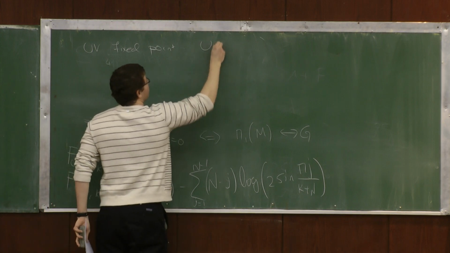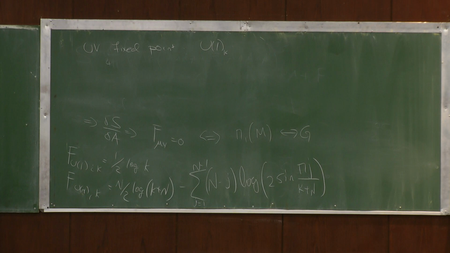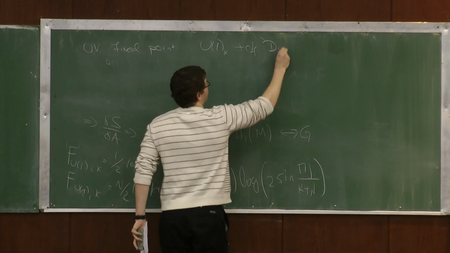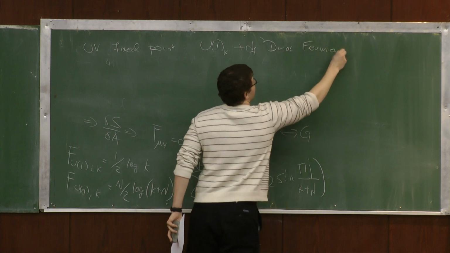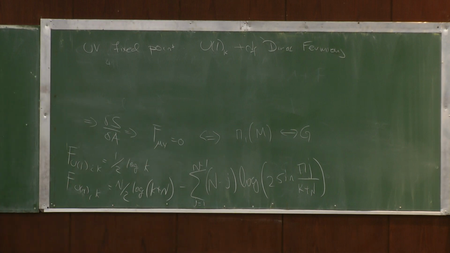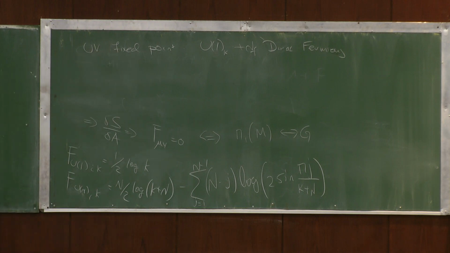So the UV fixed point is a U(1) Chern-Simons theory with level k, plus N_f Dirac fermions in 3 dimensions. So if you just write the minimal Lagrangian, if you write a bunch of fermions in 3 dimensions, coupled minimally to the gauge field, and you add a U(1) Chern-Simons term at level k, then you get an automatically conformal theory. This theory is automatically conformal because there is no continuous coupling in this theory. So there is no coupling that can run.